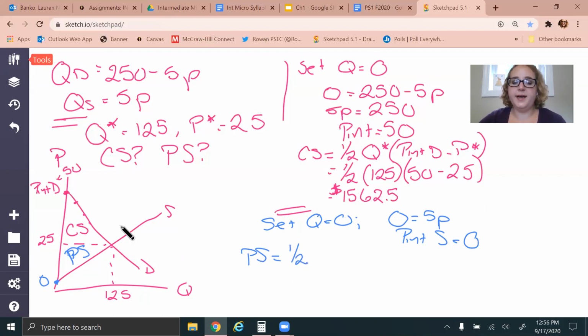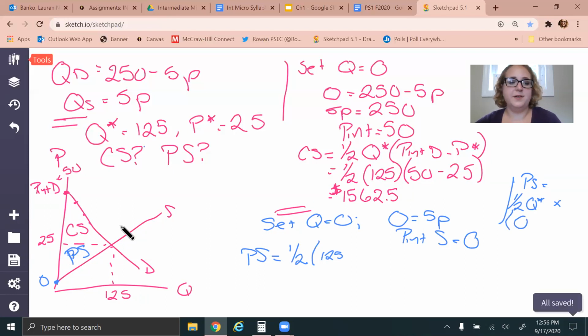So it's equal to 1/2. The base is still 125 for Q. All right, maybe I'll just write this here. So it's 1/2 Q star and then times the equilibrium price minus the intercept.